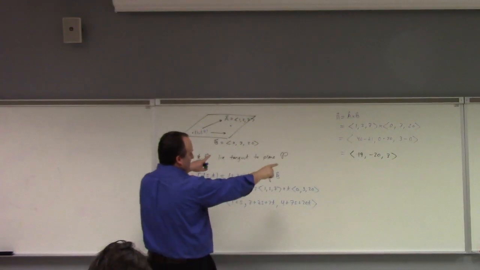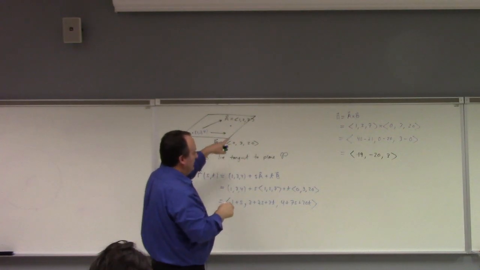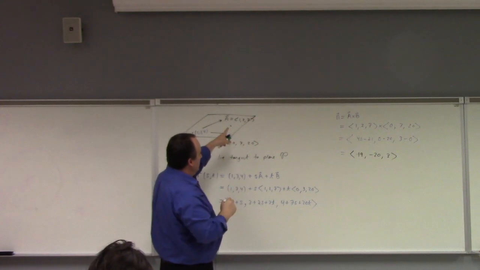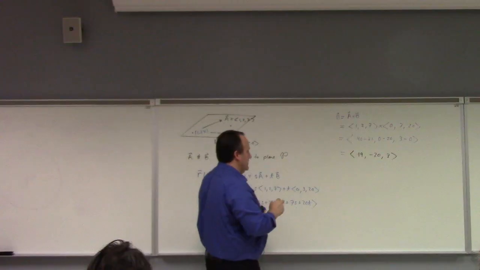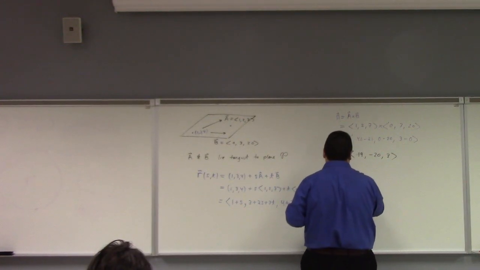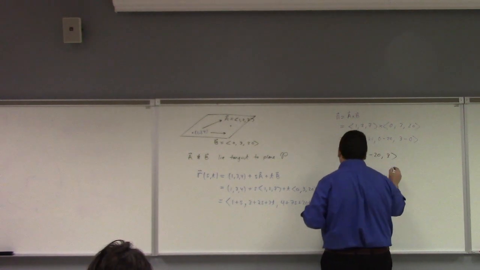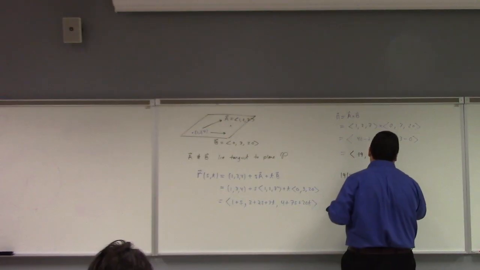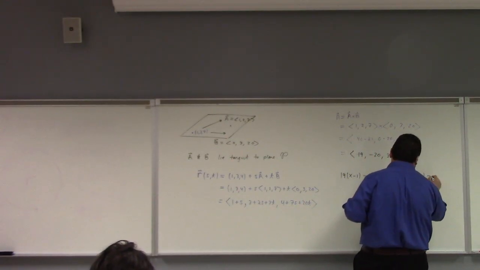All right, so definitely the dot product of n with b is good because it gives us like minus 60 plus 60, which is 0. Hooray. If I take the dot product of a and n, I've got 19 minus 40 plus 21. That feels right. So, all right, my equation then is 19 times (x minus 1) minus 20 times (y minus 3) plus 3 times (z minus 4). There you go. That's the equation of the plane.